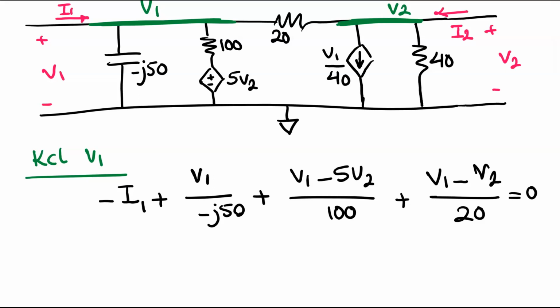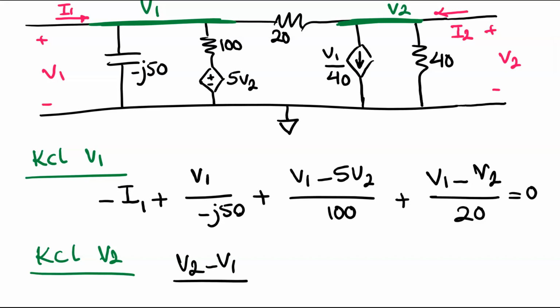And for the second node, which is V2, I can say that I have V2 minus V1 divided by 20. That's the current of 20 ohm resistor. Then I have a dependent source current. So the current is described by V1 over 40, and it is going to be positive because it's leaving.